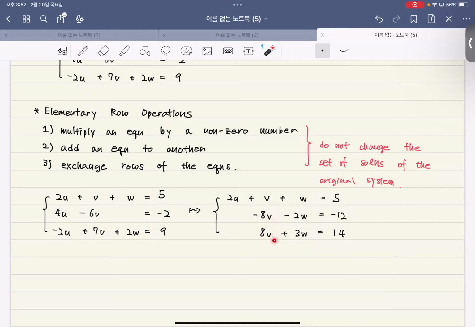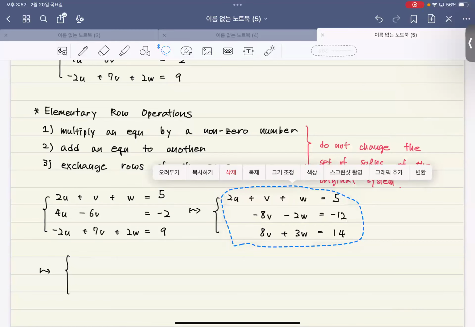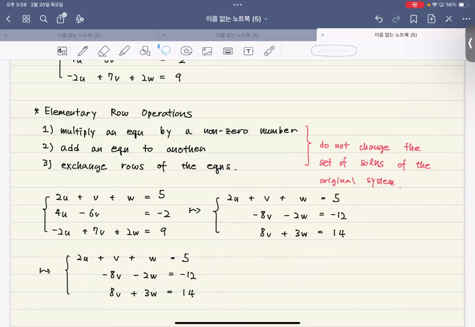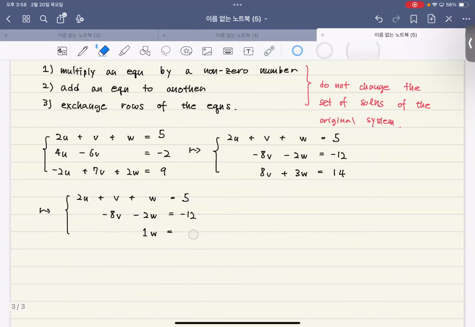Then I can eliminate this number. Then this goes to 0, and this one is 1. And this is not 14, this is 2.